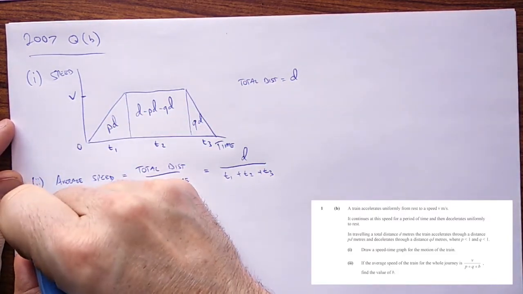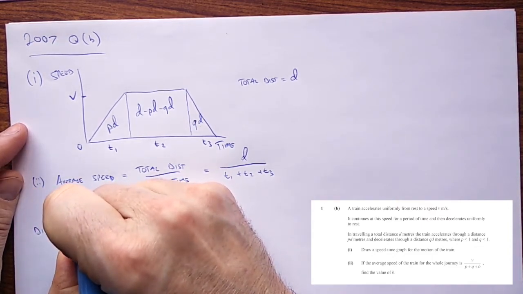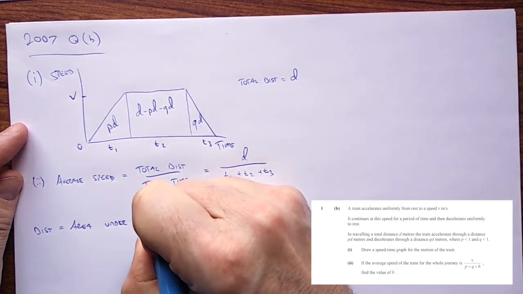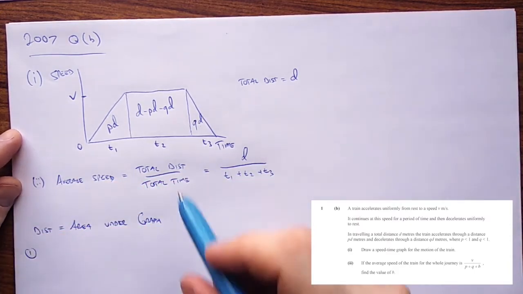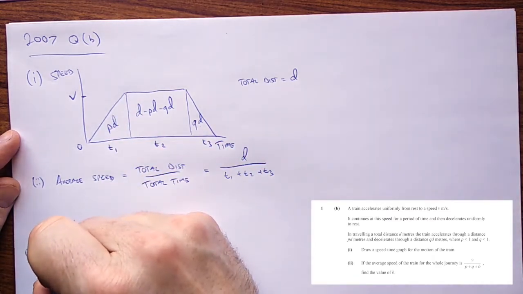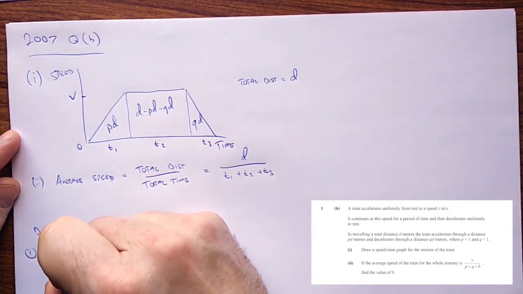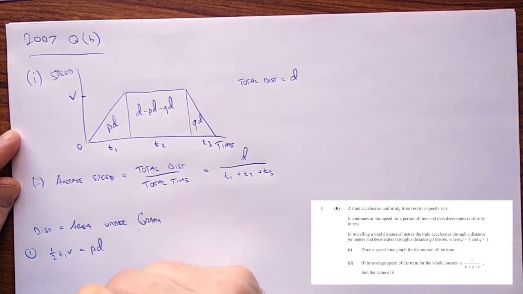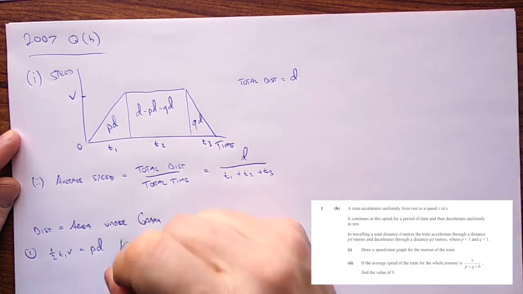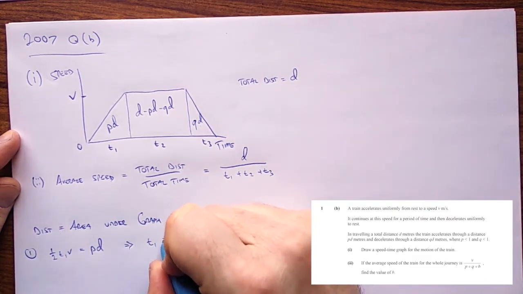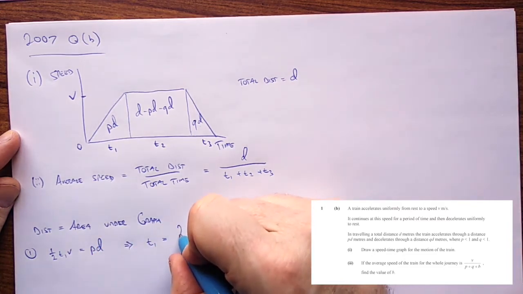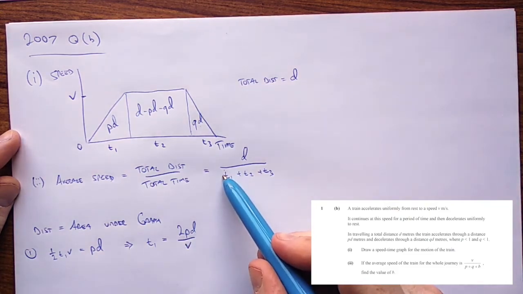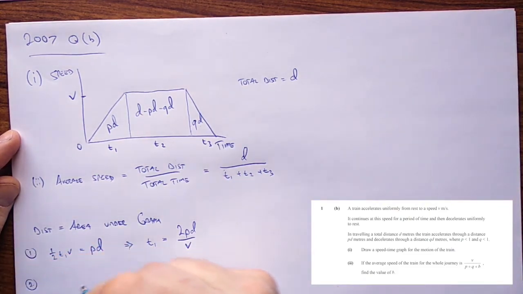So if we think of this one, again, using our idea, the distance equals area under graph. For part 1, the area of this is half t1 by v, and that equals pd. So we just do a little bit of rearranging. We'll say that t1 equals 2pd over v. I'm going to swap this out in a little minute. Same idea again and again.